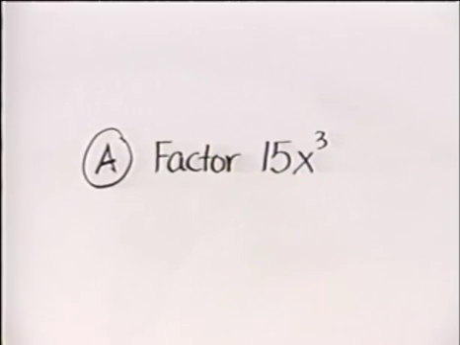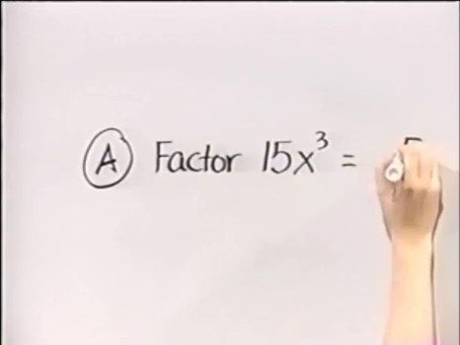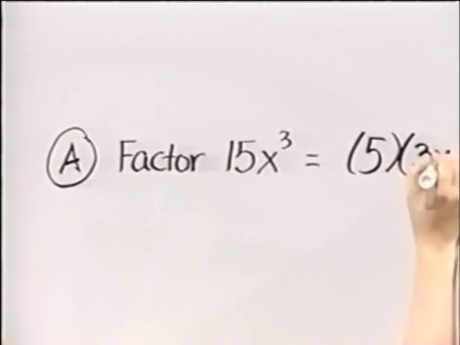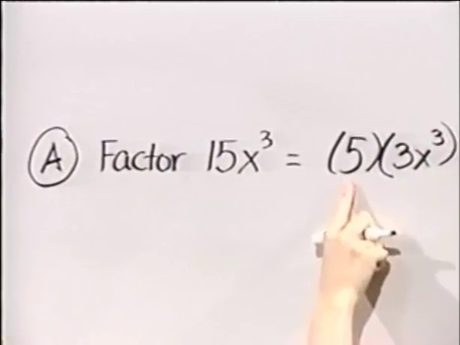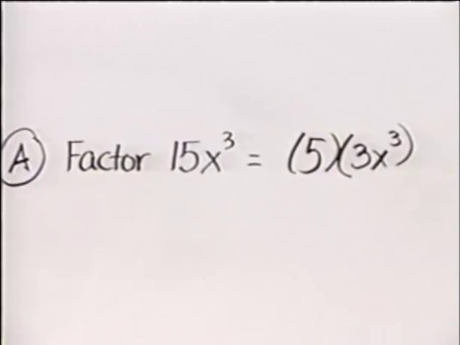One way is you could say, okay, this is, in fact, 5 times 3x cubed, right? A product of 5 and 3x cubed, and that gives you 15x cubed. That's one way to factor 15x cubed.